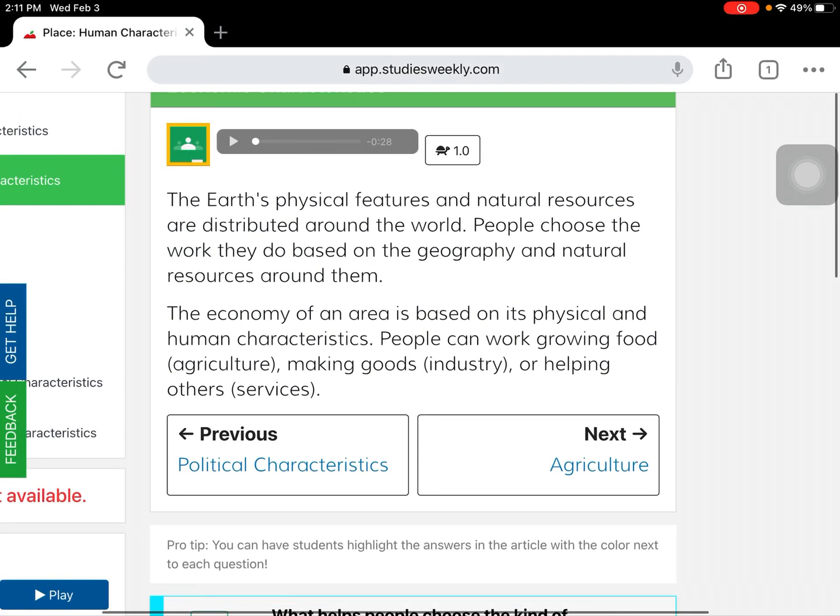So think about up here where it says, Earth's physical features and natural resources are distributed around the world. That is true because we don't have the same characteristics that every other place has. So the jobs that people might have can be determined by where you live. For example, somebody who lives in the northern part of Canada, probably you won't see a lot of agriculture going on up there.